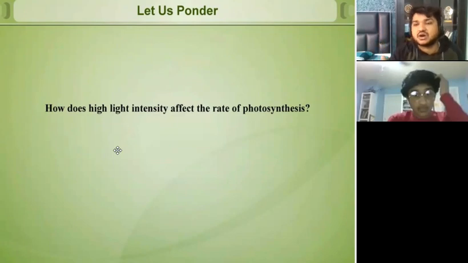Chlorophyll is burnt and not functioning properly, so photosynthesis will not happen. So up to a limit, after the saturation, it is good, but after the limit, it is not good.